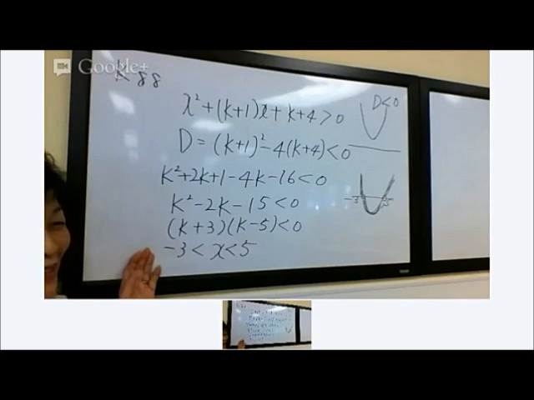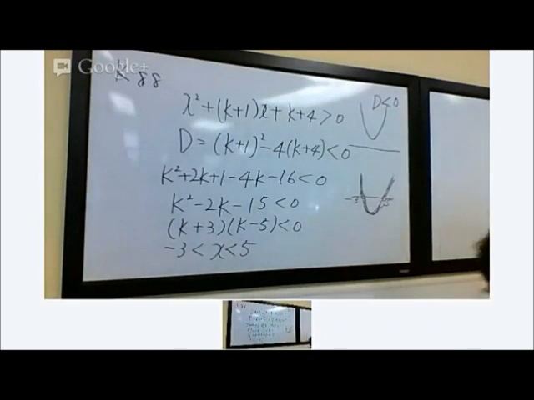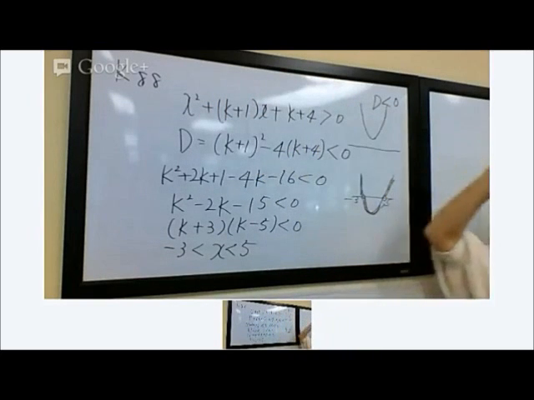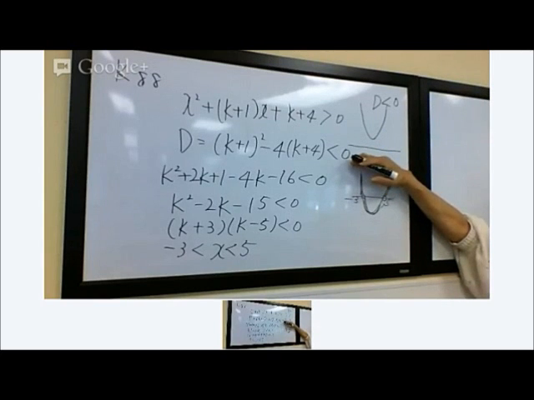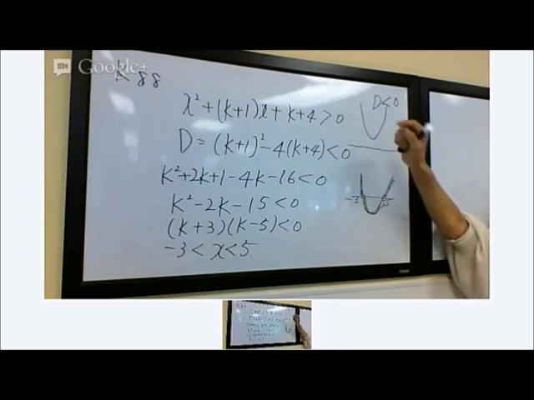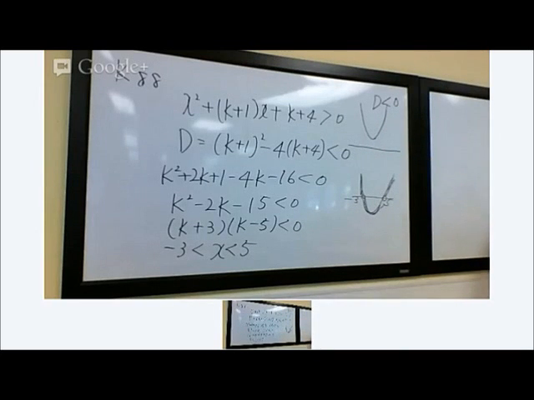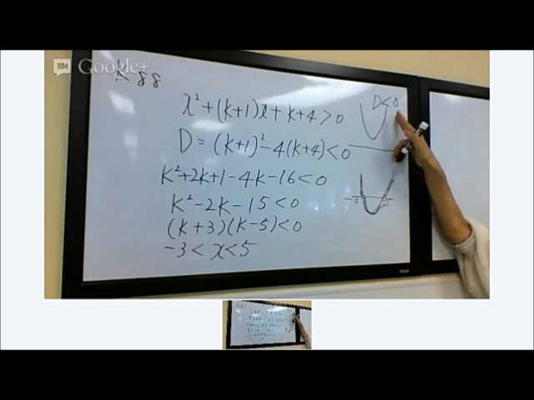If they say it's a graph with all real numbers, it means your brain needs to imagine this: the entire graph, everything, needs to be above the x-axis. So we need to find the K value to satisfy this situation, where the graph doesn't have an intersection with the x-axis, never even touches. Everything above the x-axis means only this situation: D is less than 0.